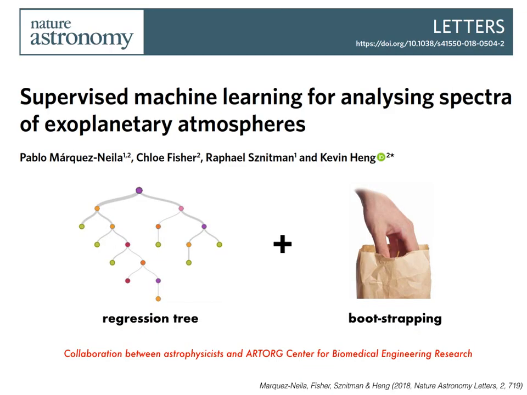So in 2018, we put together a paper describing the application of this well-known method to atmospheric retrieval.